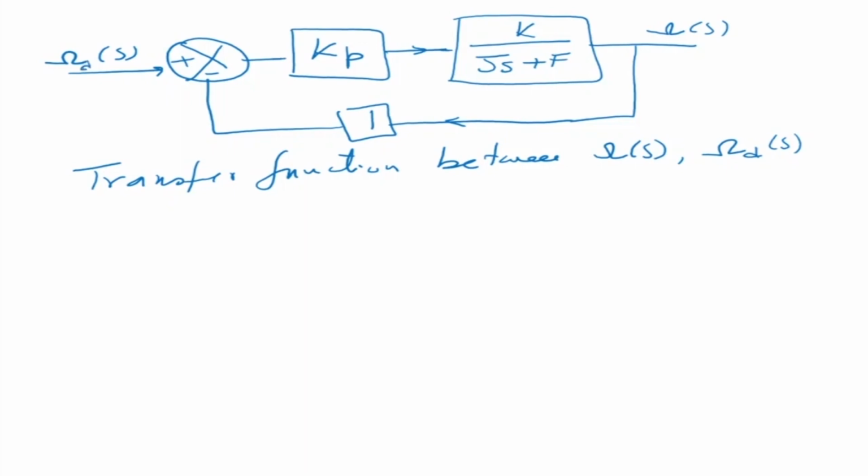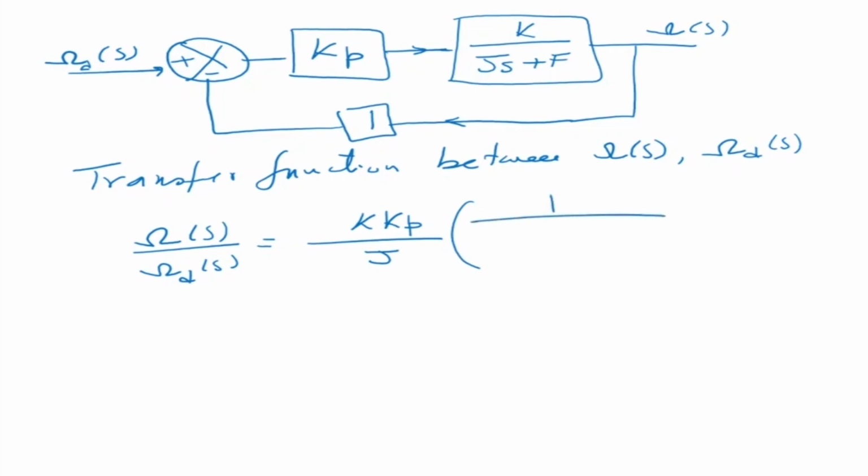Omega s by omega ds is equal to k kp divided by j, into 1 by s plus f plus k kp divided by j, bracket close, just like this.